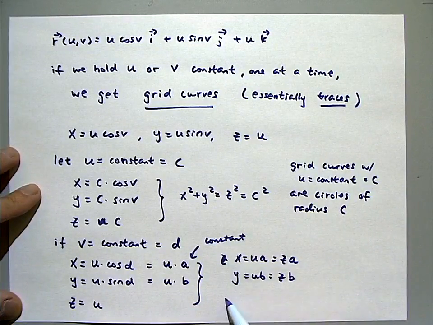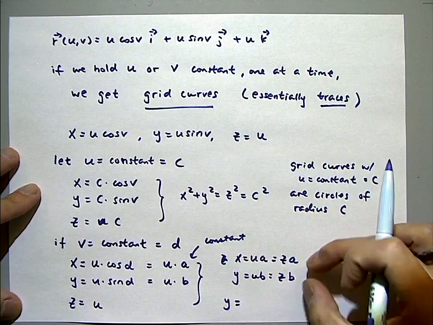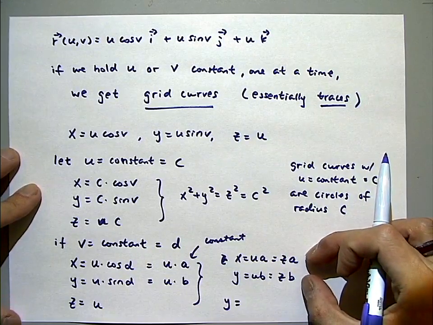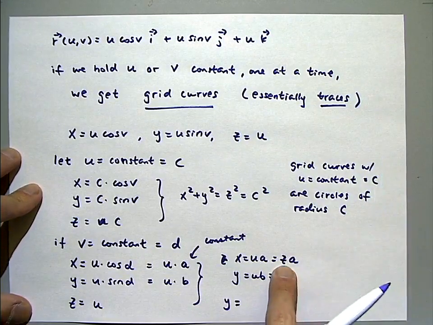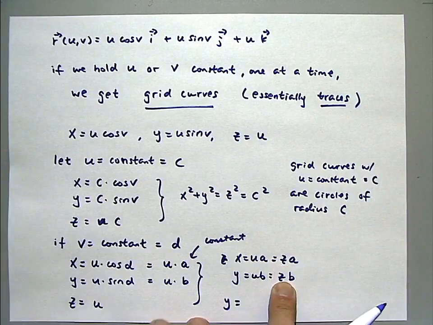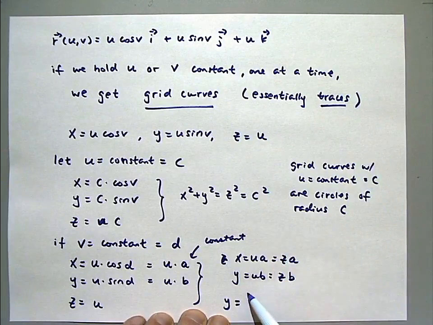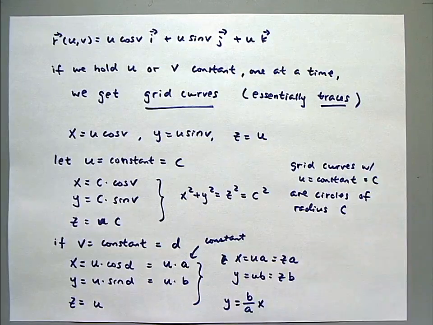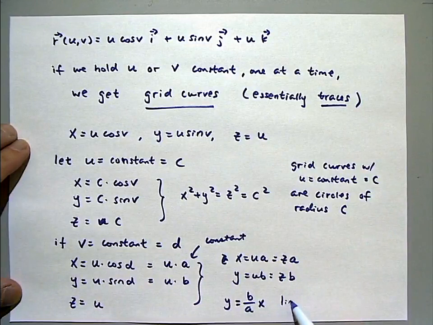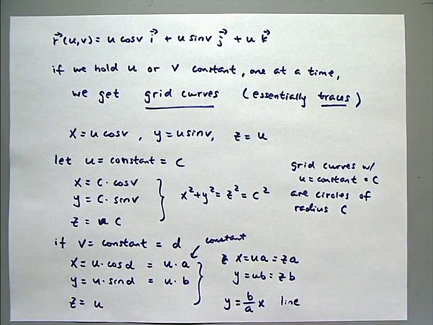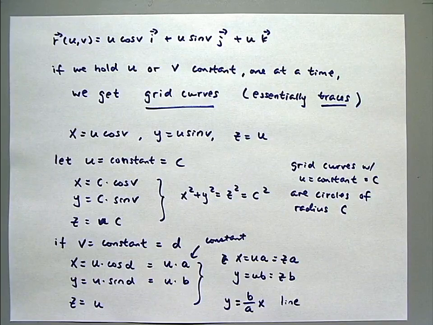If you look at these two equations, if you solve for z and substitute into the other one, we get an equation that says y is equal to b over a times x. That's a line. Because if you look at this cone from the side, when you take a slice, you see the outline that looks like a triangle, which is made out of a bunch of lines.